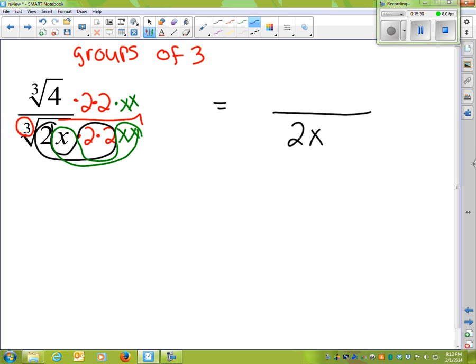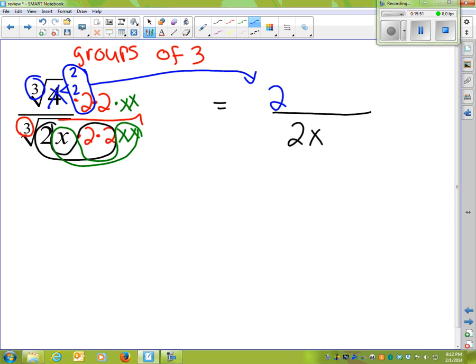Before I finish this out, I know with the 4, I can break it into 2 times 2. And I'm going to do that because I need a group of 3. Right here, I have 3 2's. So I can pull this group of 3 out.